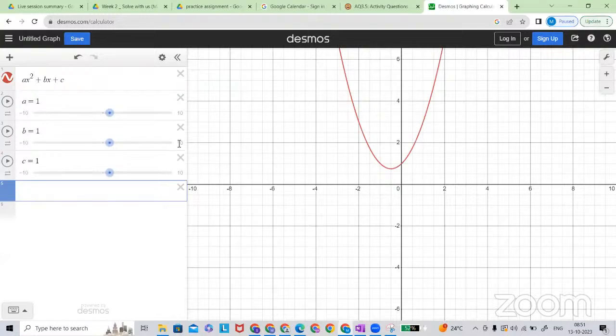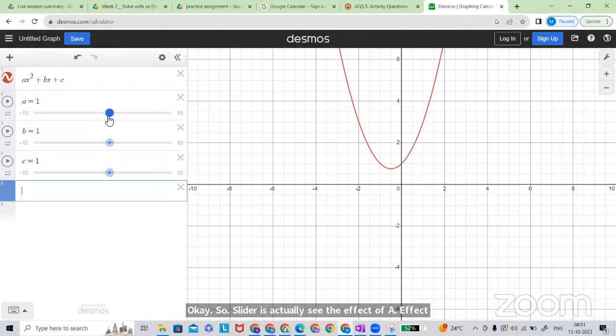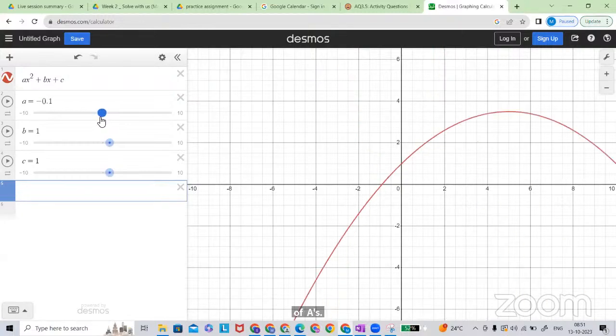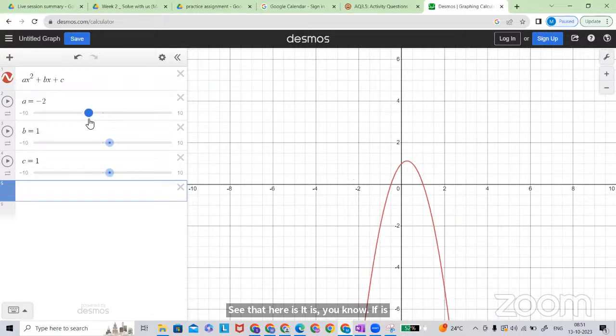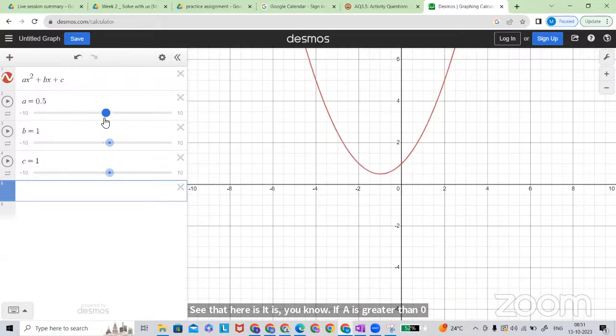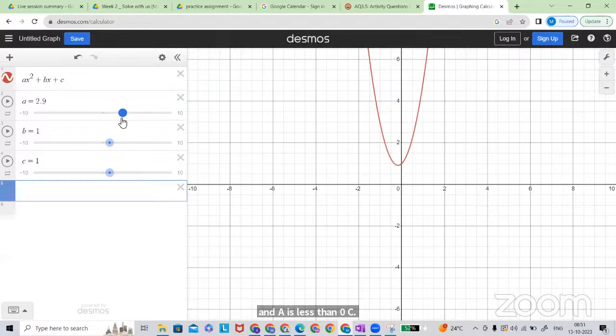Okay, so the slider lets us see the effect of a. If a is greater than 0 or less than 0, we see different behavior. Just now we discussed the sensitivity part also.